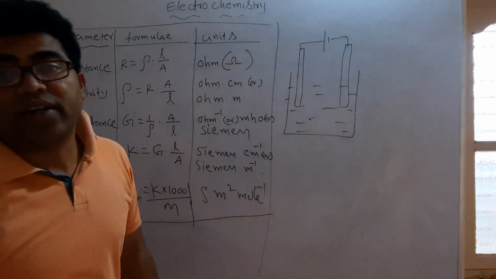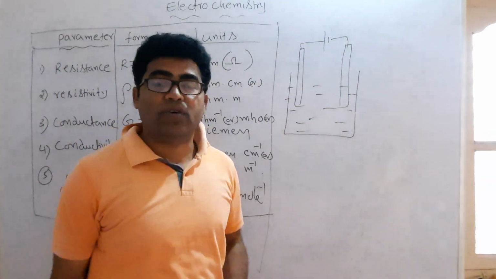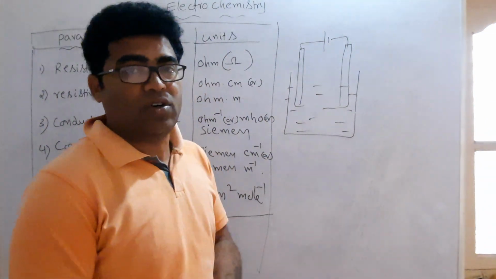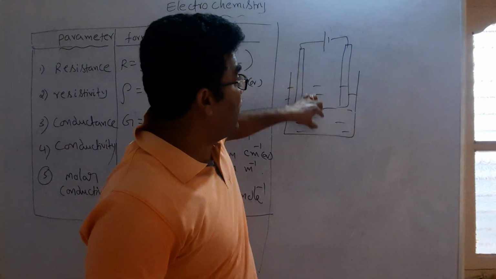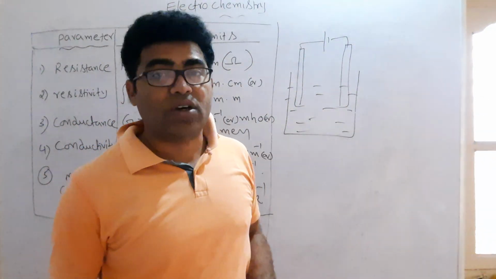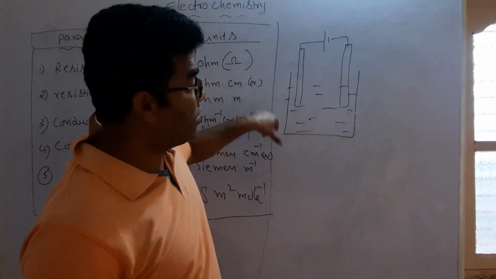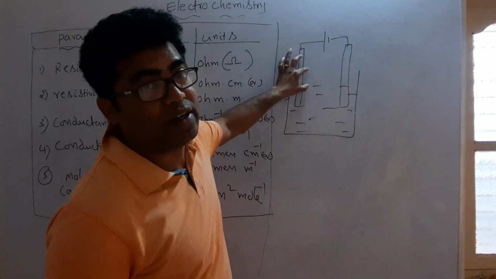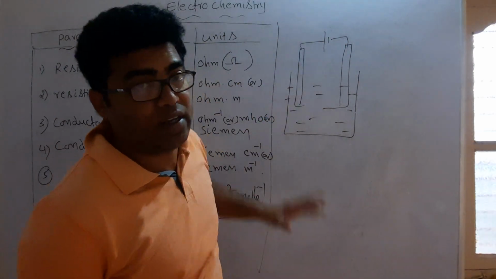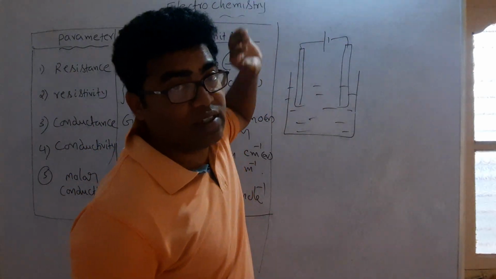What is an electrolytic cell? Generally, the definition is: the cell which converts electrical energy into chemical energy is called an electrolytic cell. In an electrolytic cell, a single beaker containing two platinum rods is connected to a battery, which is a source of electricity.